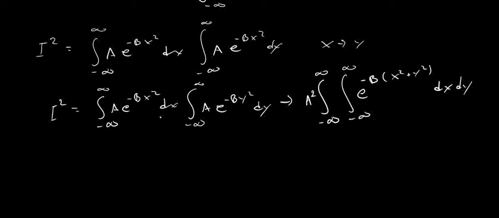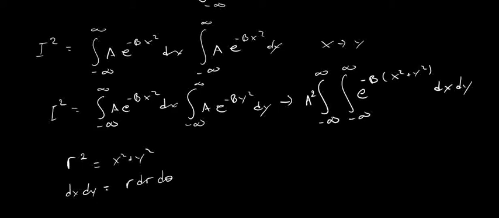So this integral, while it seems like it would be scary, it's still doable because we can now transform this into polar form. We can say that r squared is equal to x squared plus y squared, and that means dx dy is going to transform into r dr d theta, when we go to polar form.